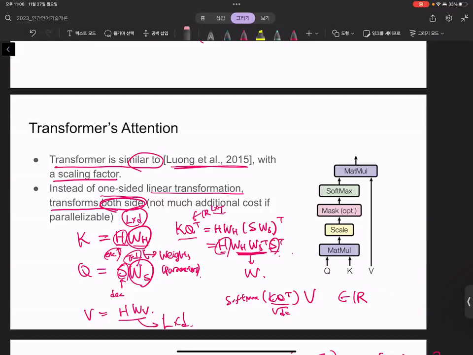It does not match. The size does not match here, right? I must have made a mistake here. I'm not sure what the mistake is because I think this is correct.